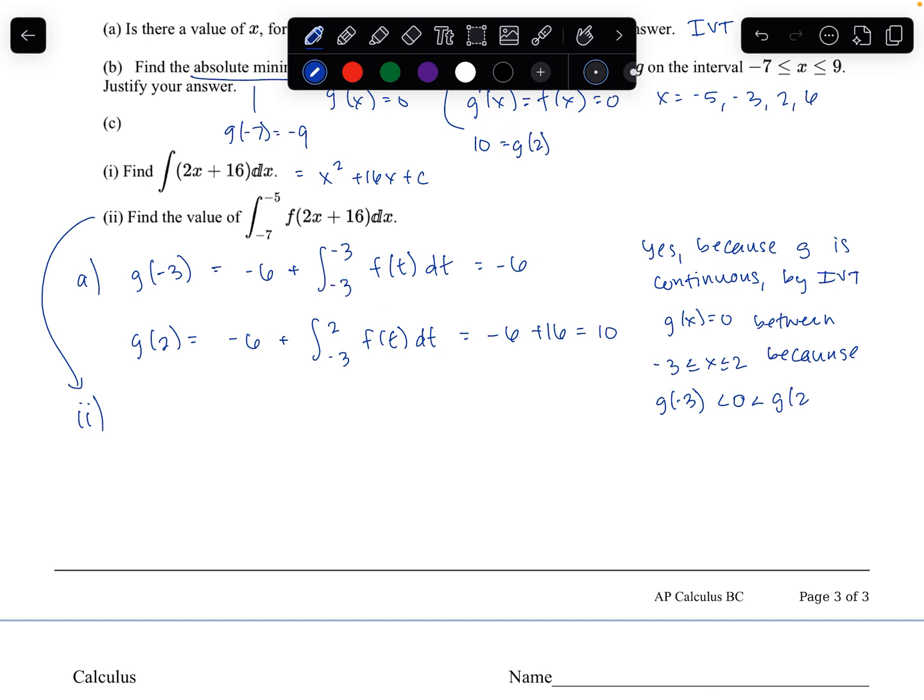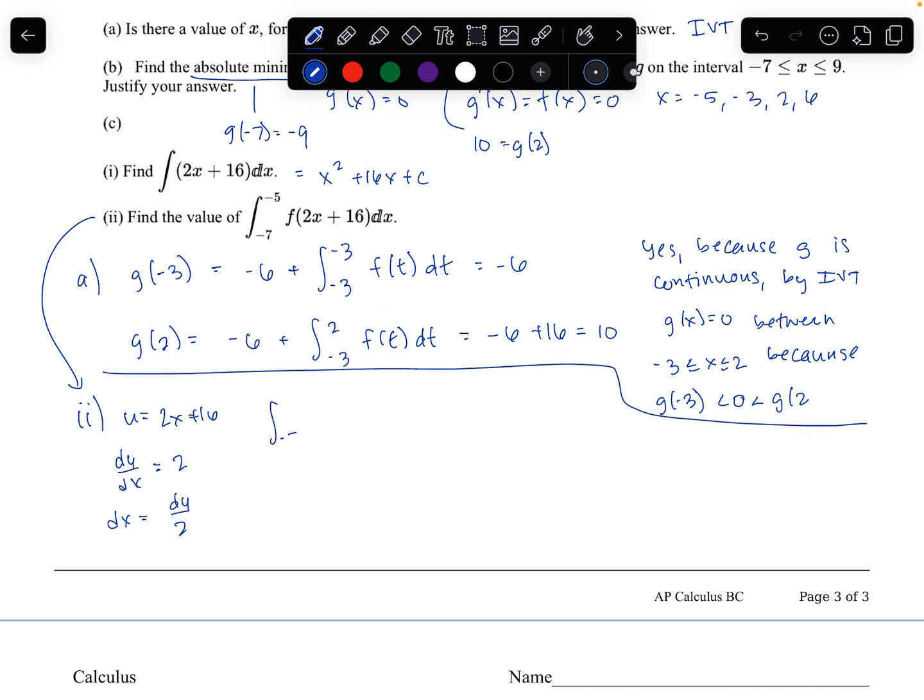So let u equal 2x plus 16, and that means du dx would be equal to 2, which means dx would be equal to du over 2. Okay, so then we'll do the integral from negative, again, I know you guys might hate it, I like switching out my bounds, so let's change these to be in terms of u rather than x.